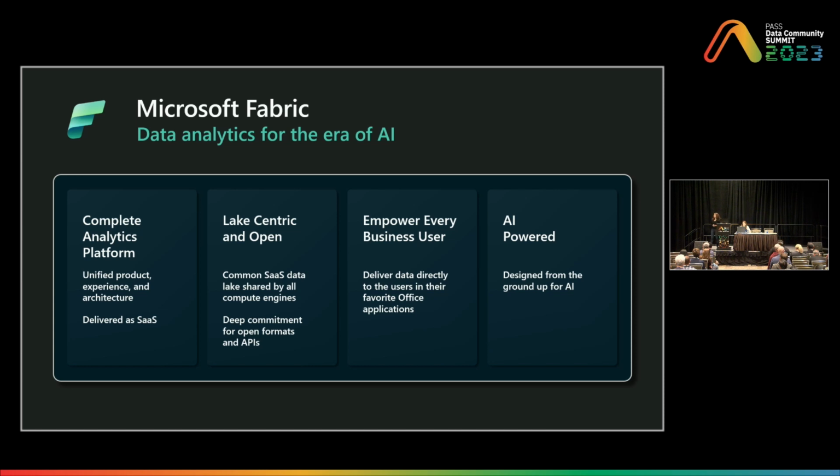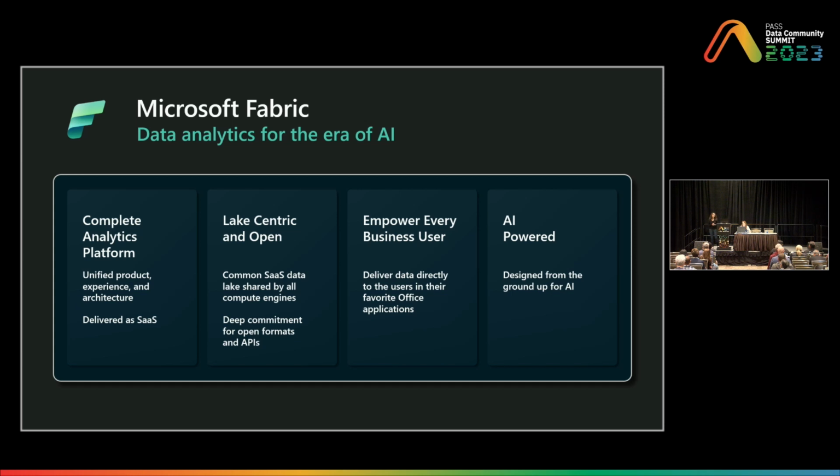The third is Fabric empowers every business user. So at the end of the day, you want your business users to have data at their fingertips. Where are business users doing their jobs? In Microsoft Office applications: Excel, PowerPoint, Teams, SharePoint. And Microsoft Fabric enables you to empower your users to get data very easily in those applications.